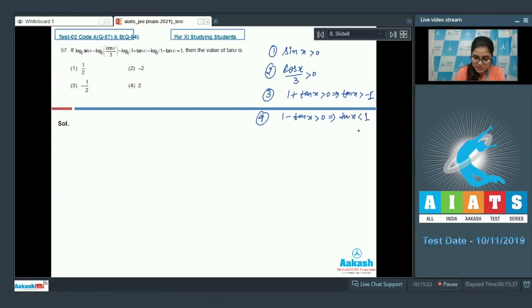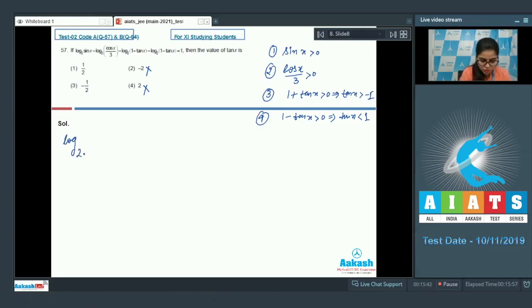So from here you can say option number 4 is incorrect, because tan x is 2 and we know tan x should be less than 1 and tan x should be greater than minus 1. So option number 2 is also incorrect. Now we have only two options, 1 by 2 and minus 1 by 2. So now calculate your equation.